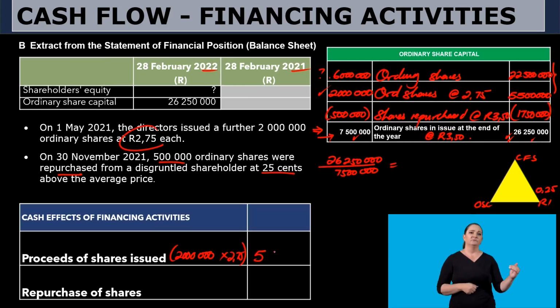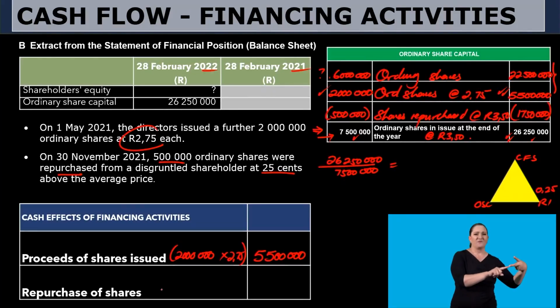That is going to give me 5.5 million, which is this amount here. So at times the examiner can give you note number 7 as part of the cash flow. To prepare that, you should know that once you prepared your note 7, the amount would also be recorded in your cash flow statement under the financing activities. This is a cash inflow.